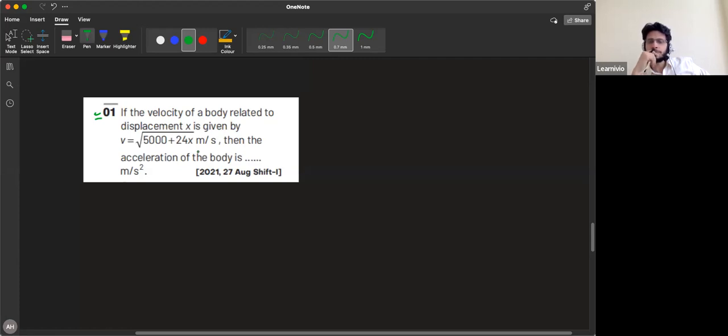Good. See, the logic in this numerical and the previous numerical is exactly the same. There's no difference in logic. It's just a matter of calculation. Good, Adil. It's correct.